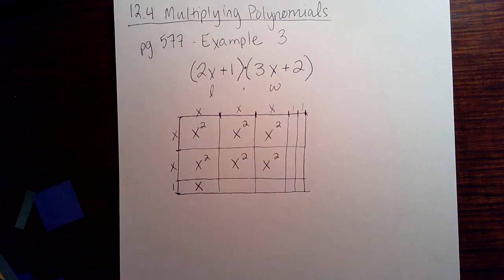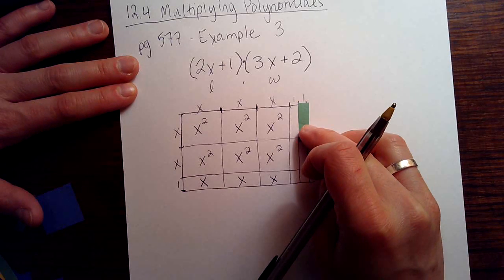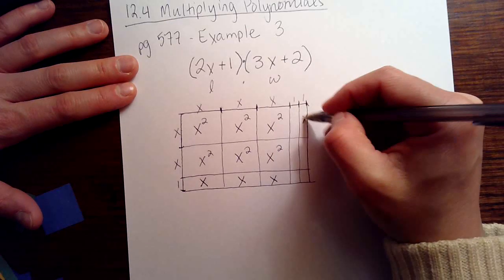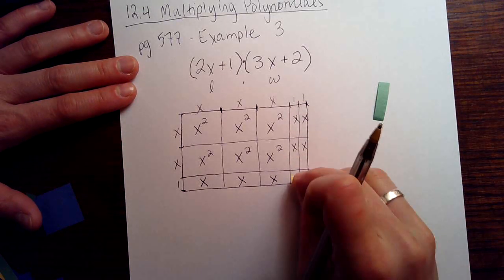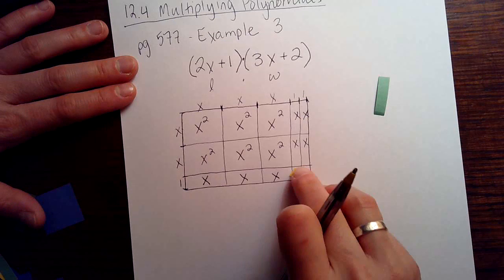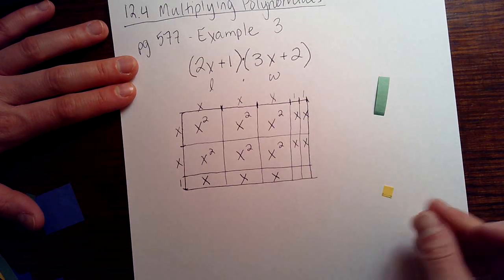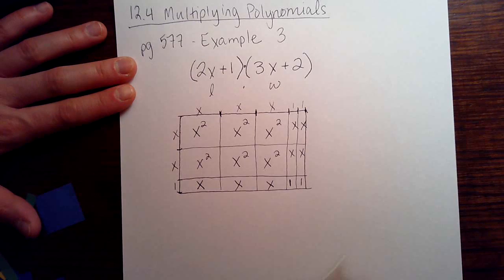X times 1 is x. That's true here for the vertical pieces as well. They are x tall and 1 wide. So each of these is also x. And then these small boxes represent this 1 by 1, 1 wide and 1 tall. And so each of those represents an area of 1.